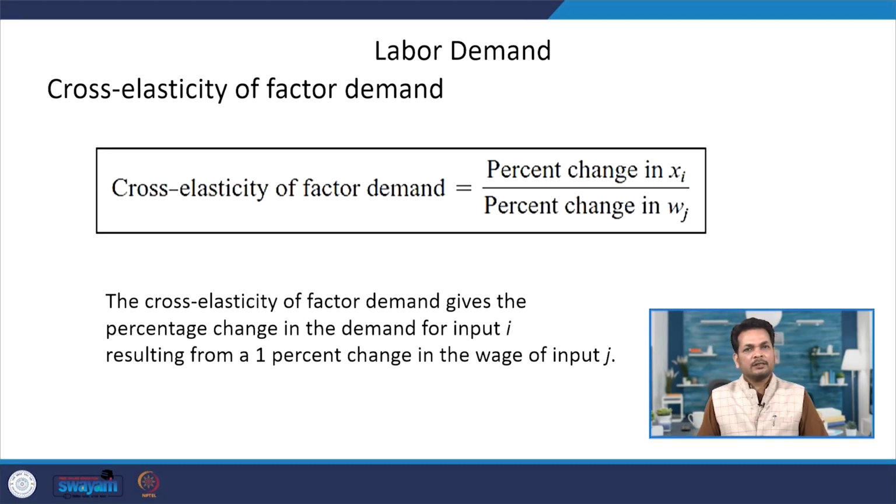It is the percentage change in xi, the quantity demanded of factor input i, with respect to the percentage change in the price of factor input j. So, the cross elasticity of factor demand gives the percentage change in the demand for input i resulting from a 1% change in the wage of input j.